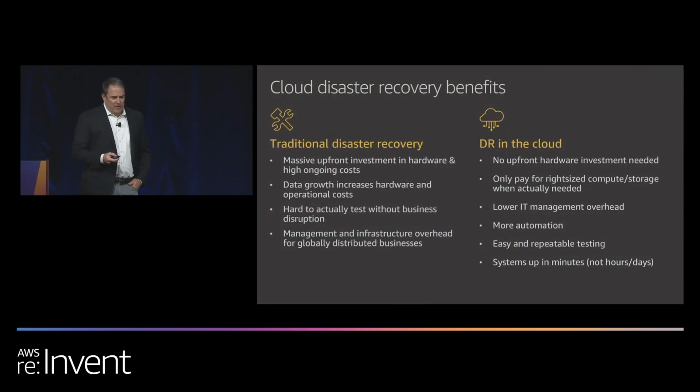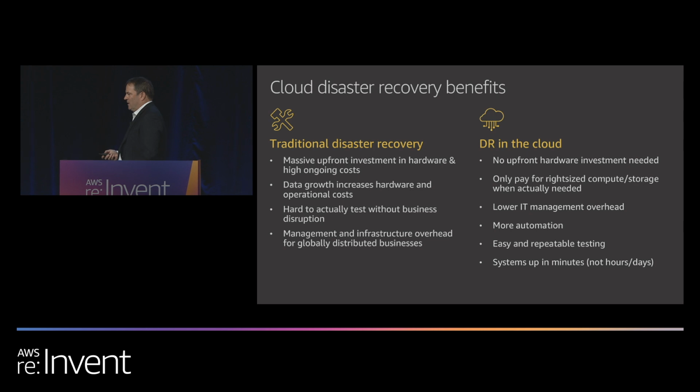So if you're thinking about doing DR in the cloud, what are some of the benefits of utilizing the cloud for DR? Well, the first and most obvious thing is cost. And cost is significant. If you're running a secondary site for DR purposes, there's the cost just of the facility itself, the power, cooling, keeping the lights on. That's a substantial cost that you don't have if you're moving to the cloud.